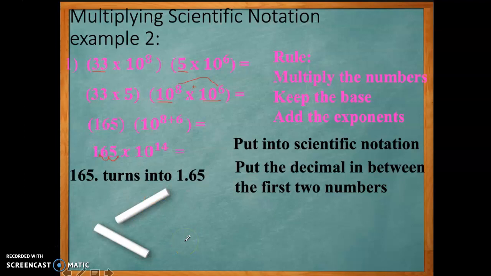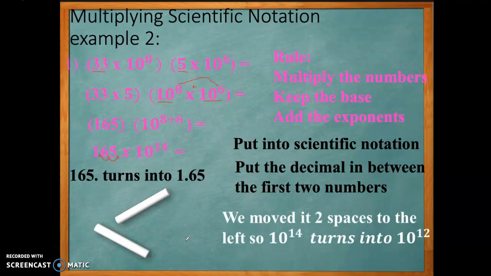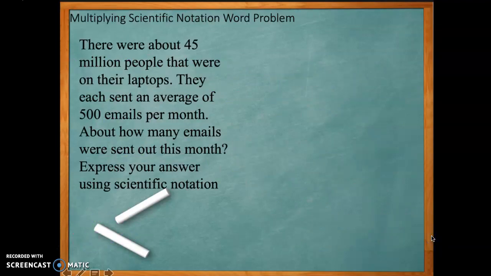So you're going to move the first two places. And you're going to have 1.65 times 10 to the 12th. Why does it turn to the 12th? Because since I move this 2 places to the left, I'm going to go down 2 places on the exponent, okay?